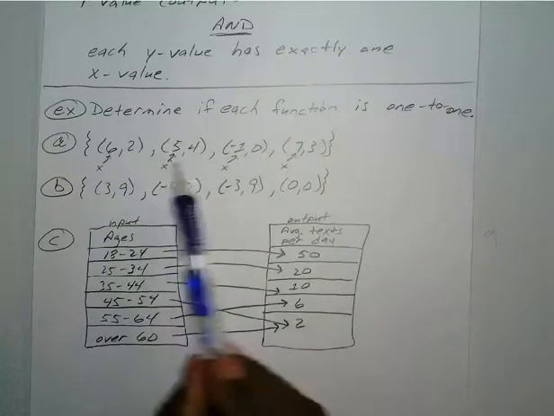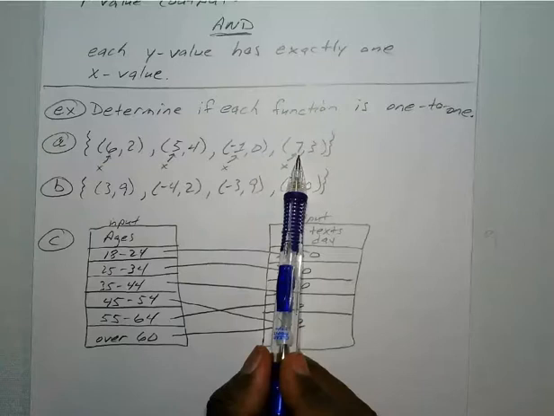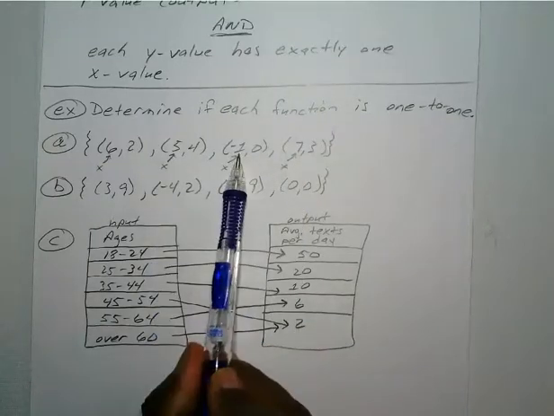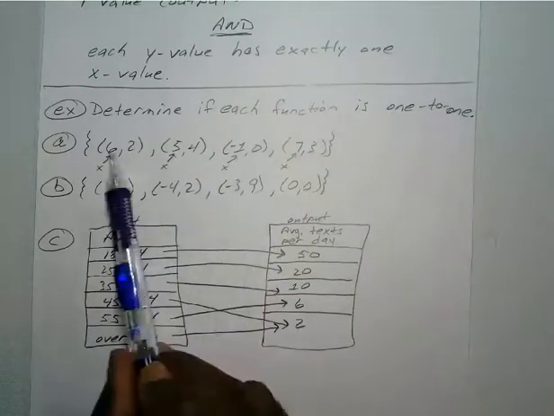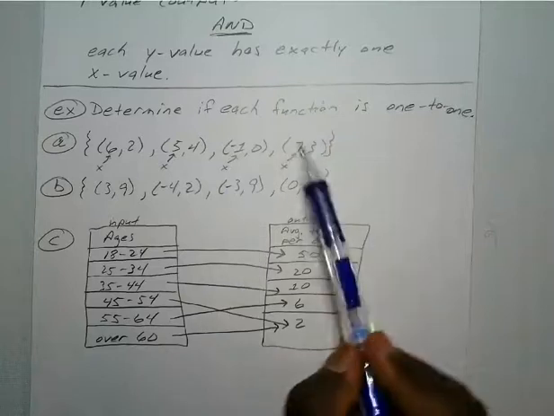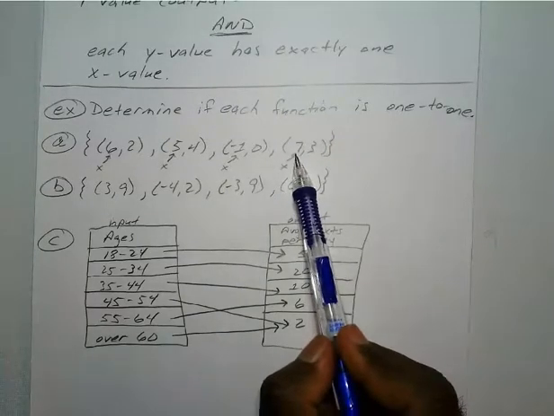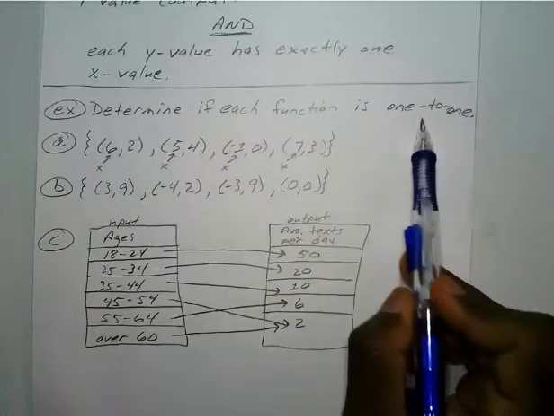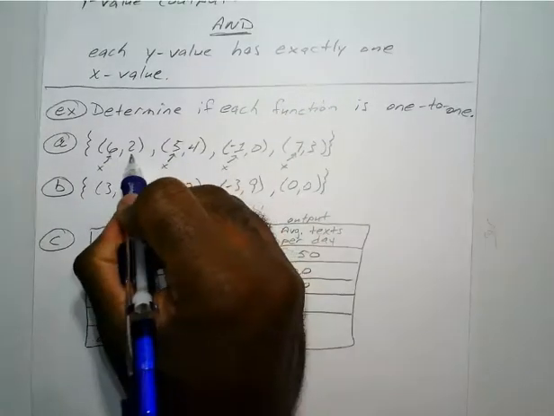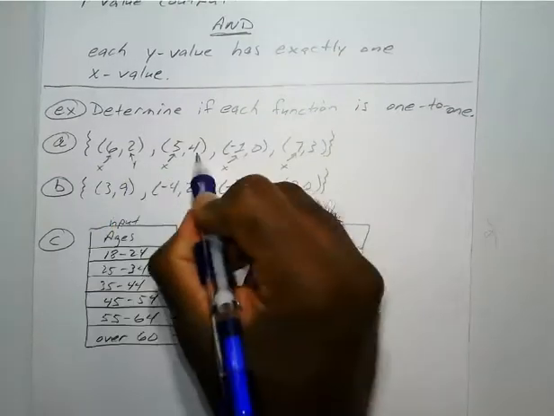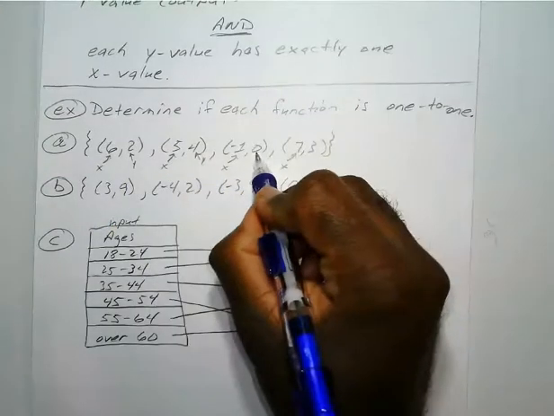You don't see x equals 5 with other y values. X equals -1, same thing. You don't see x equals -1 with a different y value. X equals 7. You don't see x equals 7 with a different y value. But since we're looking for one-to-one, we also have to look at the y values.